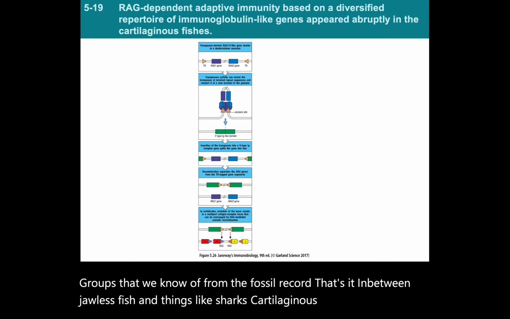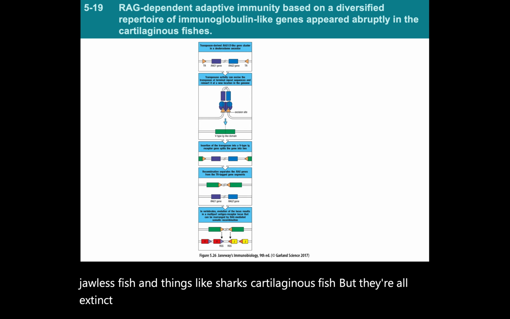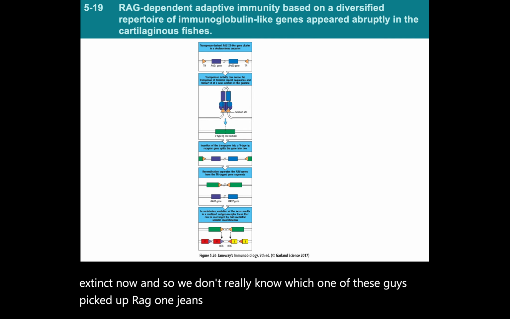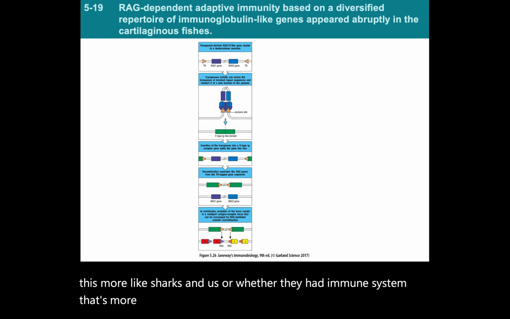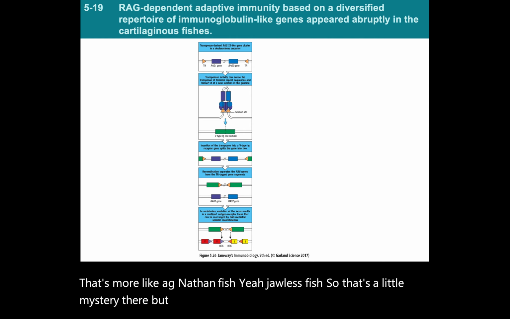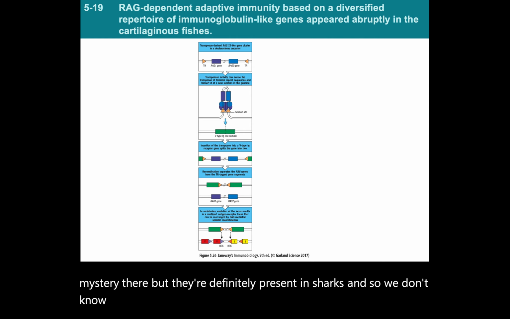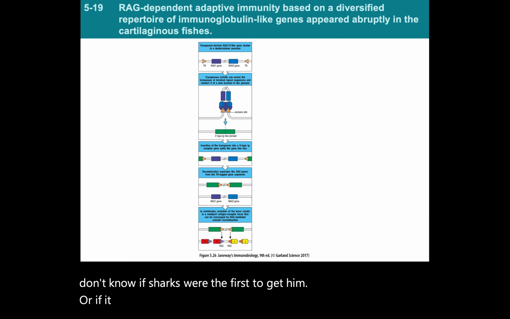But they're all extinct now, and so we don't really know which one of these picked up RAG1 genes, and whether they had an immune system that's more like sharks and us, or one that's more like agnathan jawless fish. So that's a little mystery there, but they are definitely present in sharks, and we don't know if sharks were the first to get them, or if it was in some ancestor that eventually becomes sharks.